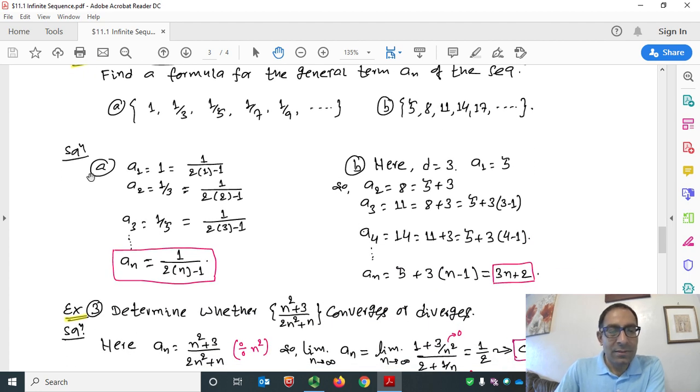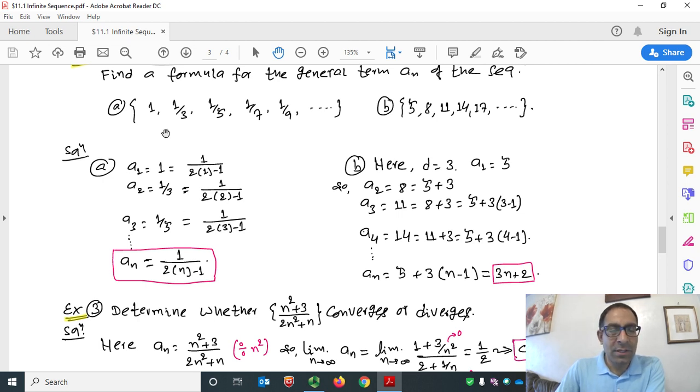Part A, here the first term is 1, so we can write 1 equals 1 over 1, and we can write the 1 in the denominator as 2 times 1 minus 1. We are searching for the pattern here. If the first term doesn't give us any pattern, then we can find it from the second term or the third term, and so on. That's the idea.